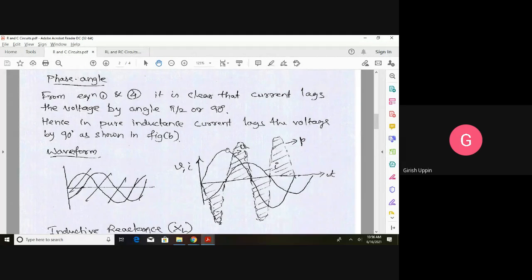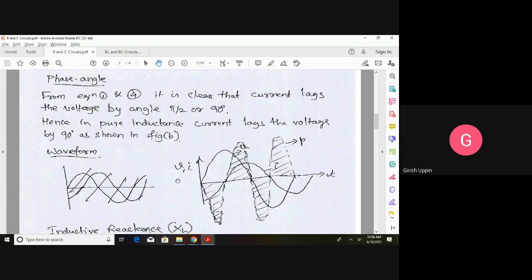Once the voltage becomes maximum, then you will see the current will start rising. As the voltage drops, slowly the current will increase. When the voltage becomes zero, then current will be the maximum. So that is how you can intuitively understand the current lags the voltage in case of a pure inductor.